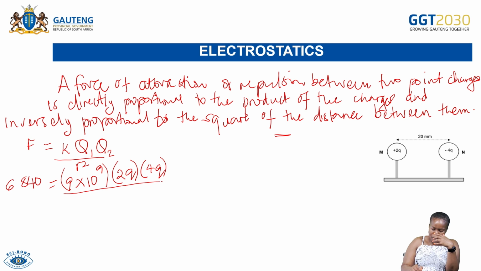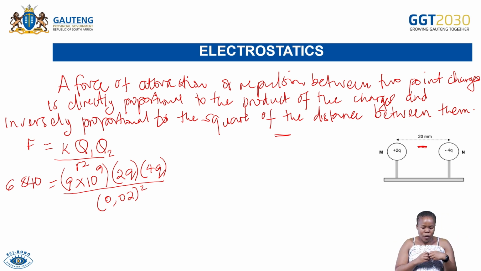And then divided by the distance between them. Already you've converted this 20 millimeters to 0,02. So this is going to be 0,02, and then we square it up. Most people forget to square it up. Please, it's important. So we're going to find the values in the numerator as well as the denominator.